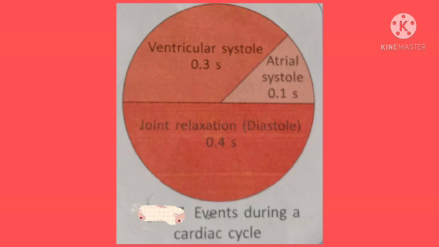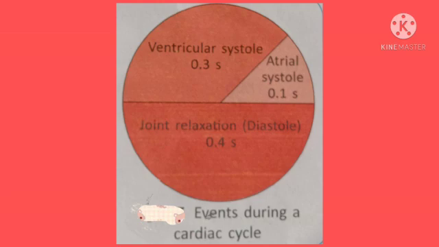A contraction is termed as systole and a relaxation is termed as diastole. One complete heartbeat or cardiac cycle consists of one systole and one diastole. It lasts for about 0.8 seconds.